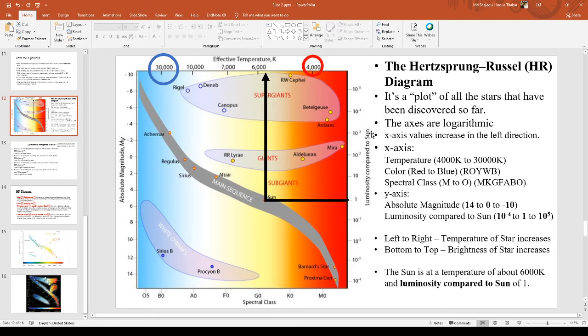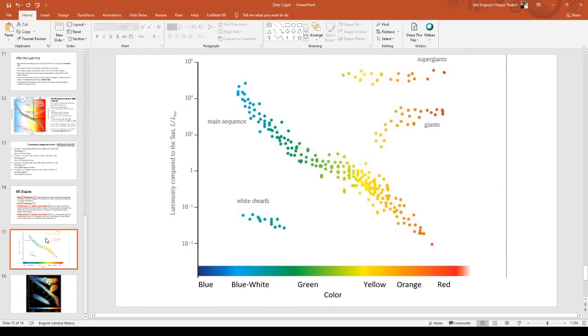So you have to decide the y-axis label depending on the y-axis values. Also, you may be given the y-axis label in your exam and have to put in the values. If absolute magnitude is given, you need to write 14, 0, minus 10. But if luminosity compared to sun is given, you need to write 10 to the power minus 4, 1, 10 to the power 5, like that. Got it? So it's very different, and you need to remember this.